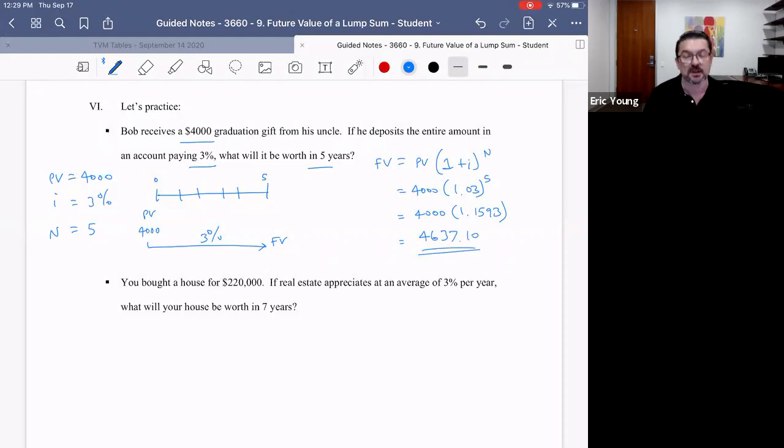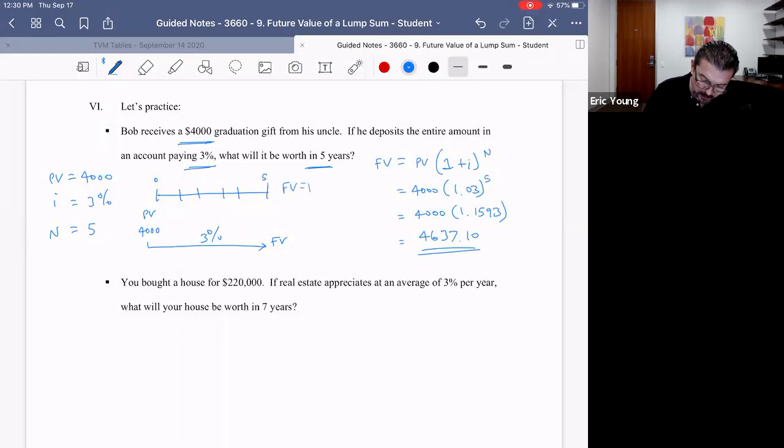If Bob sets aside this lump sum of $4,000 for 5 years at 3%, it will grow to $4,637.10.